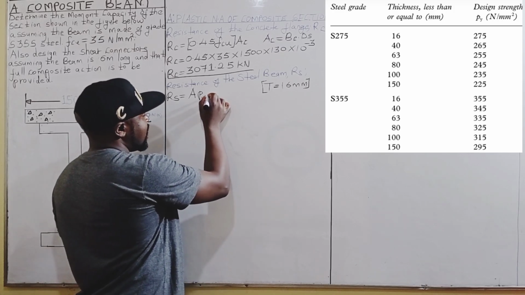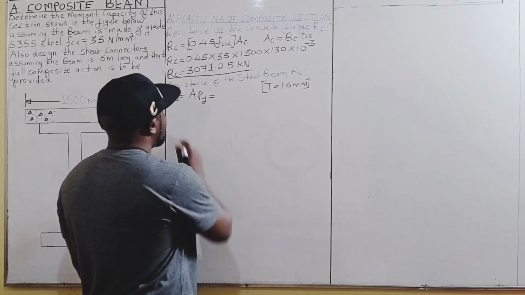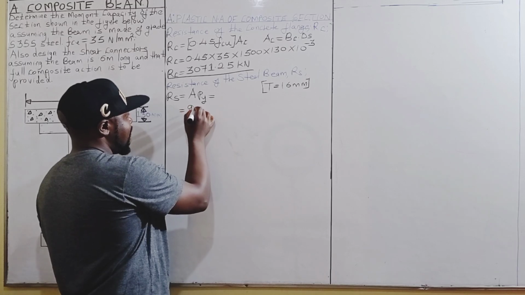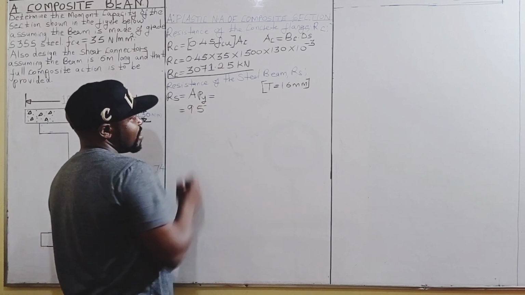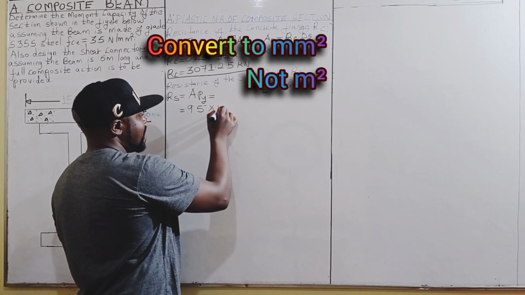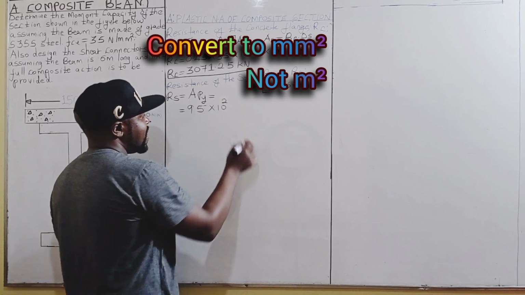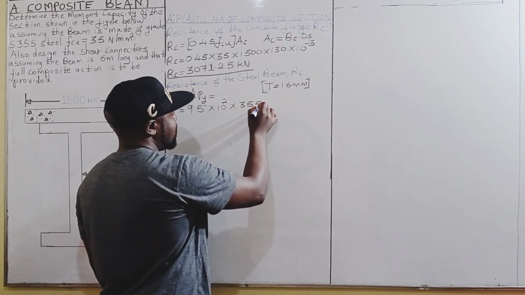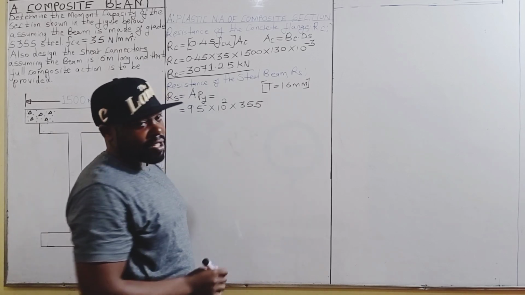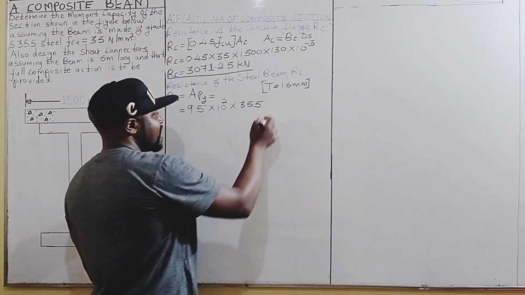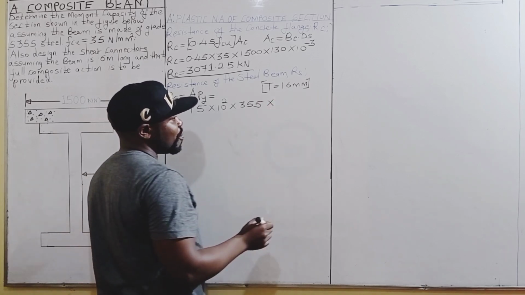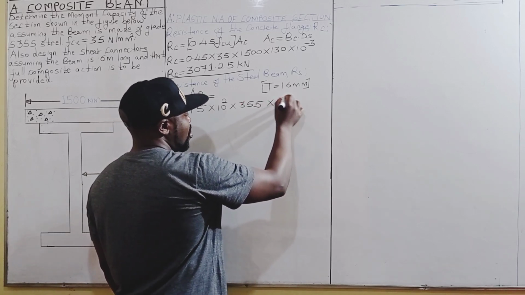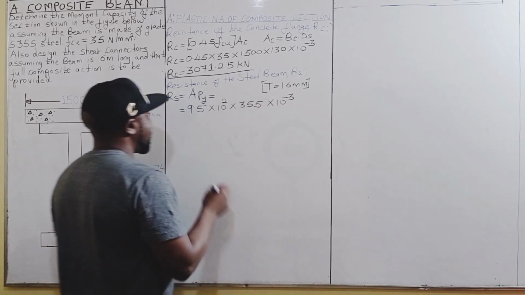Therefore, the resistance of the steel section will be the area, which is 95 square centimeters. We convert to square meter by multiplying by 10 raised to the power of 2, times 355 newtons per square millimeters. We convert to kilonewtons per square meter, that is dividing 355 by 1000, or times 10 raised to the power of -3.